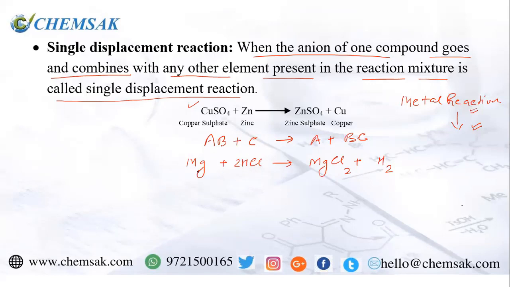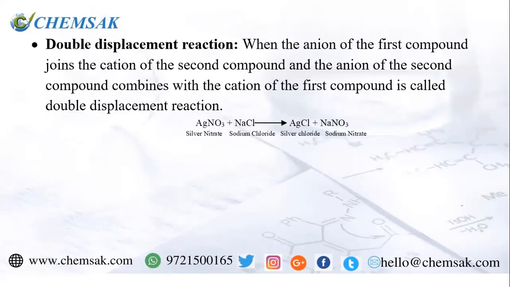Highly reactive metals can displace hydrogen from any acid. These are the examples of the displacement reaction. Simple displacement reaction, basically. Now we move to the second one, that is double displacement reaction.